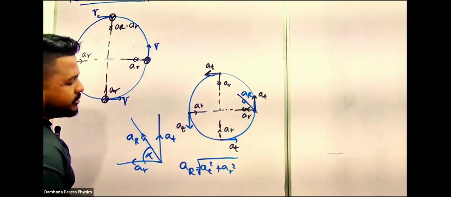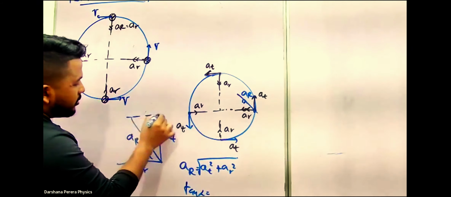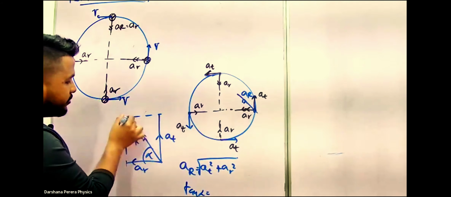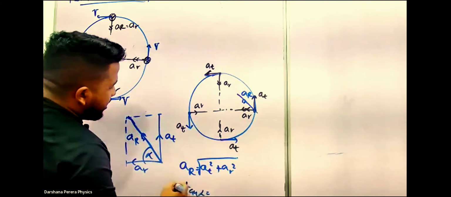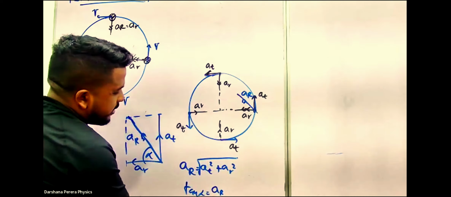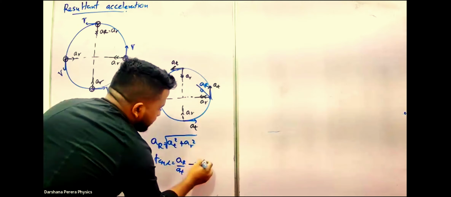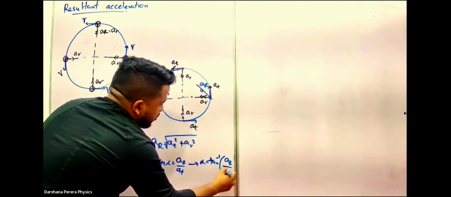Then tan alpha: we can draw this polygon, not parallel. Therefore, we get tan alpha as AR over AT. Alpha equals tan inverse AR over AT.